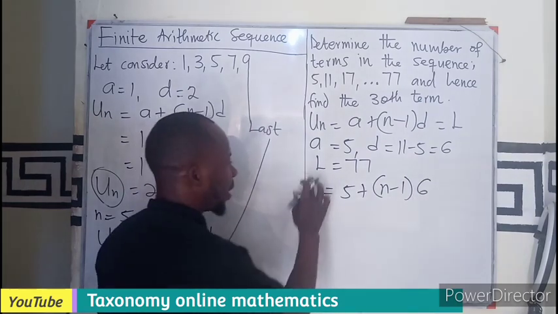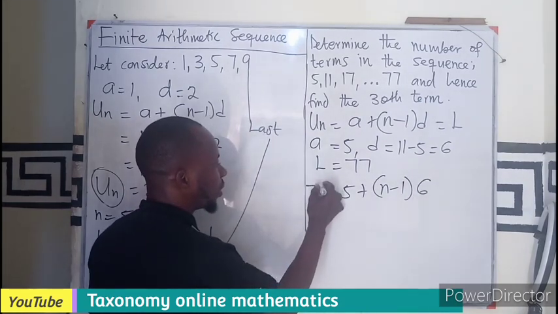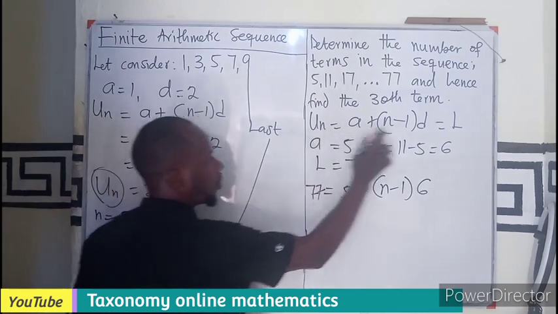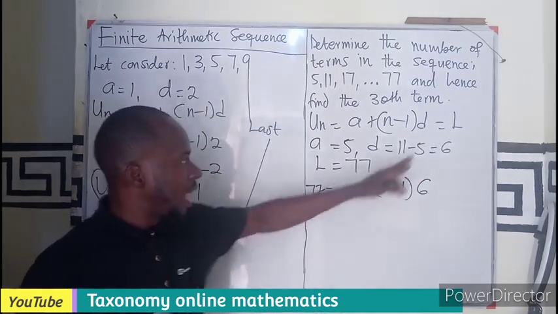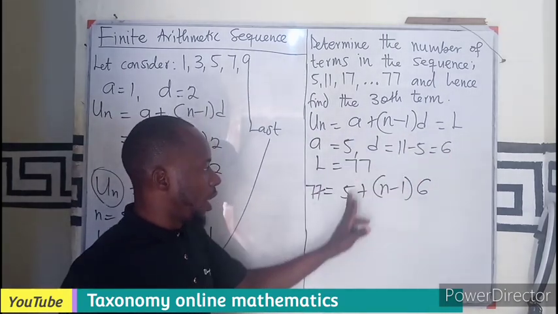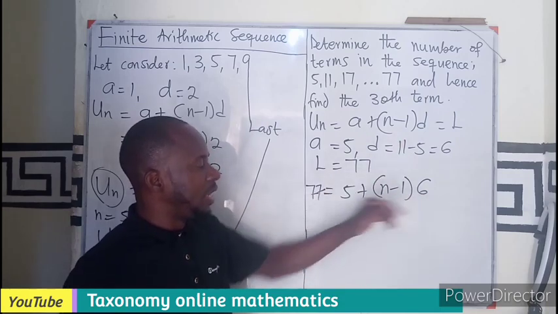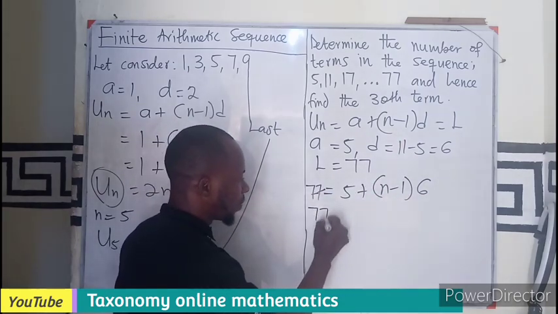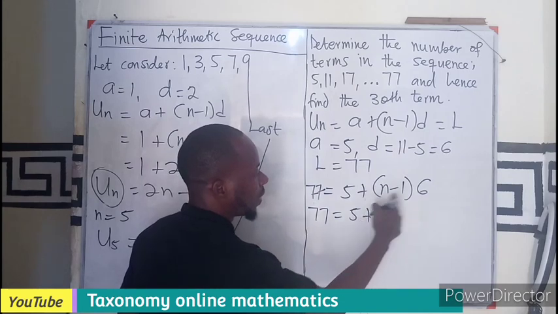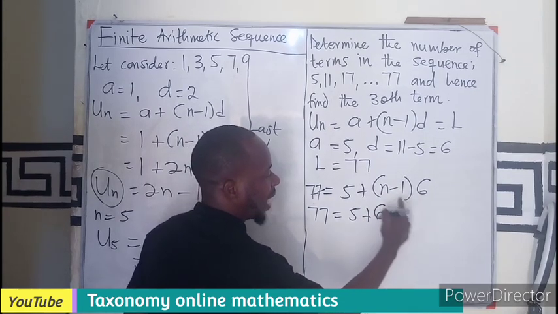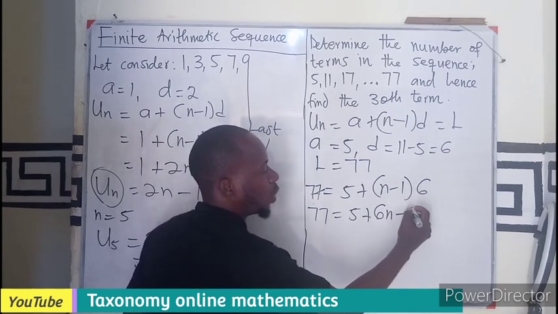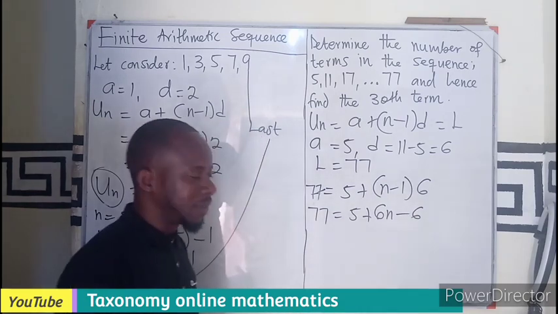6. Now the L could also be changed to 77, since we have the formula already stated. So L = a + (n − 1)d. So let's keep this expansion: 6 times n, 6n; 6 times minus 1 will be minus 6.